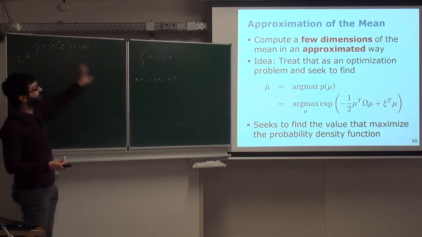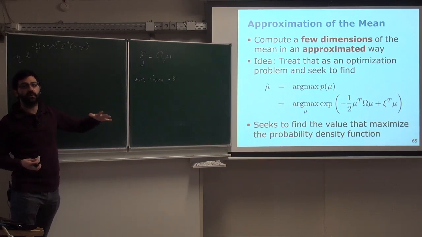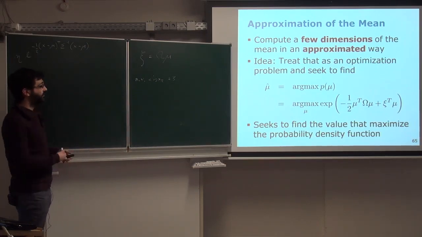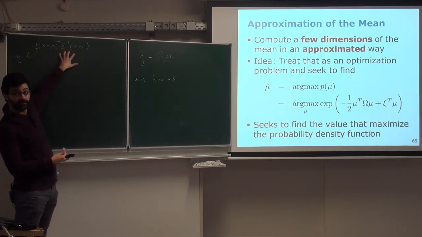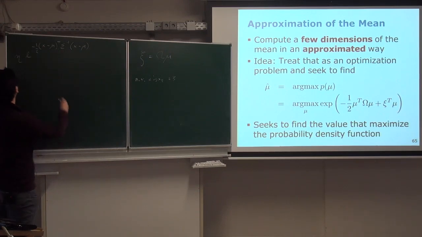Now, when we go to the canonical representation, so the one with the information matrix and information vector, what actually happens is we open up this whole product and we rewrite it in terms of something like this.